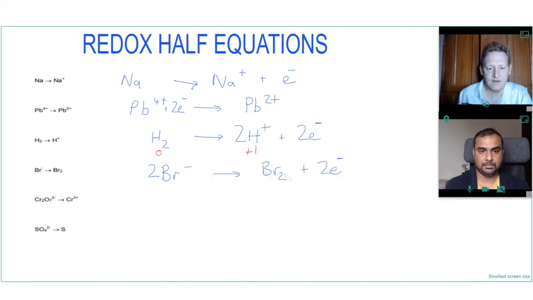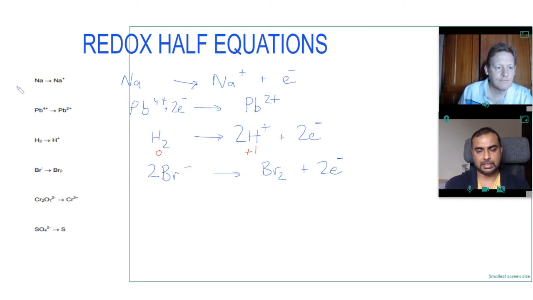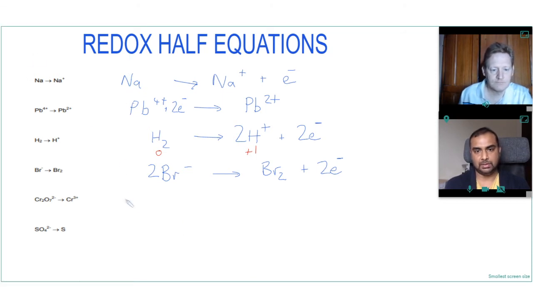And what about oxidation or reduction here? Because these are half equations, it will be either reduction or oxidation. Going with the oxidation state example, on the left-hand side you've got a state of -1, and on the right-hand side you've got elemental bromine of 0.